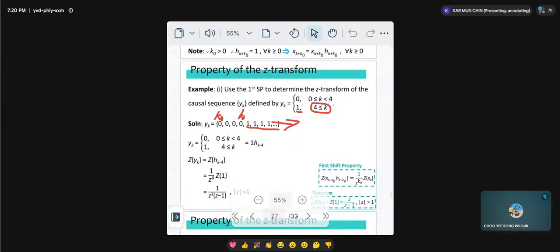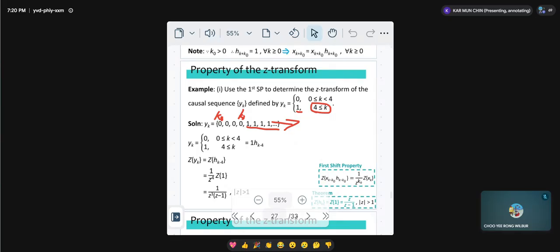Because after 4, only then it will be 1, so h(k minus 4). When it's k minus 4, it will be 1 over z to the power of 4. So 1 over z to the power of 4, remaining with 1. So the Z transform of 1.